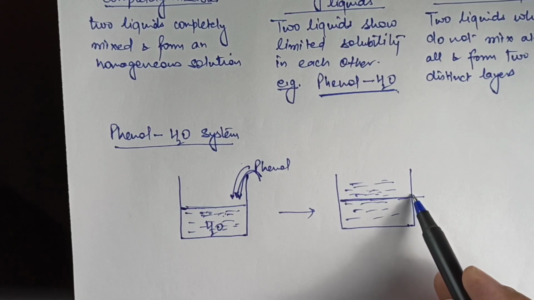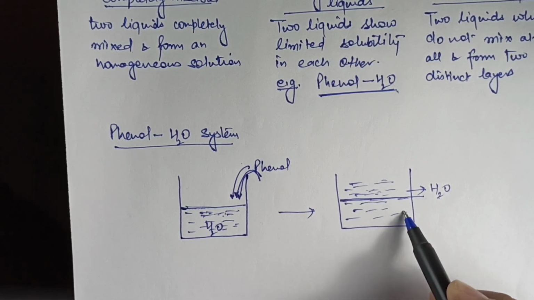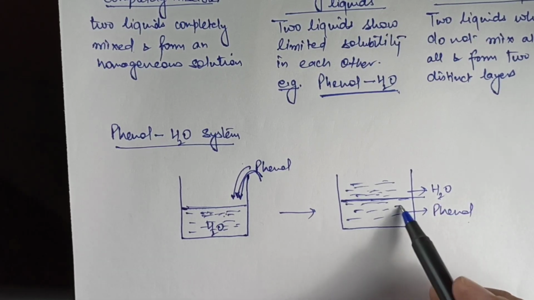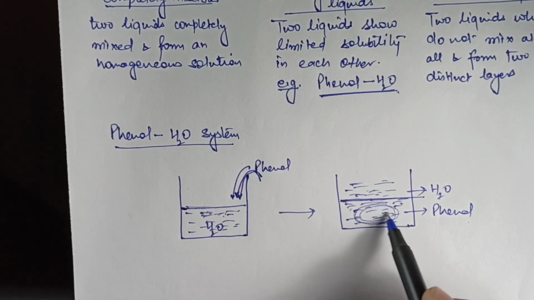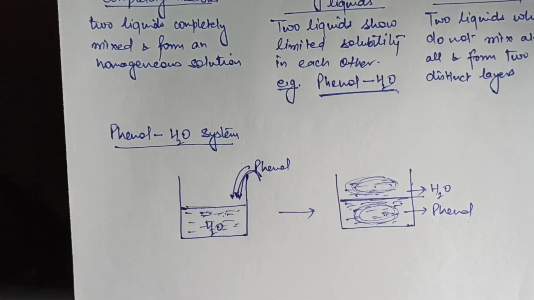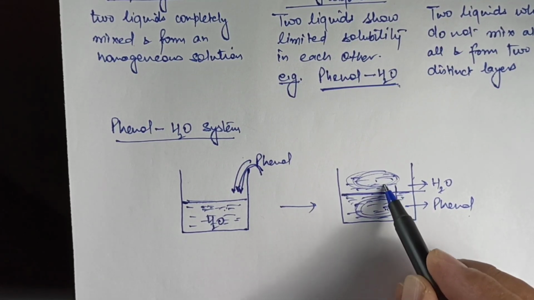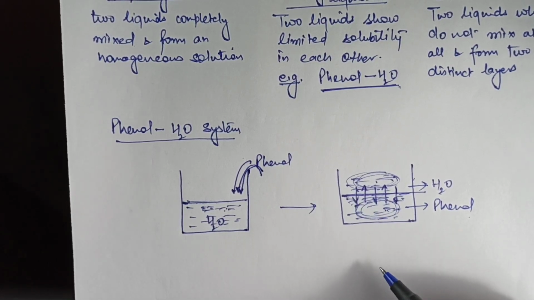Okay, so the upper layer will be water and the lower layer will be phenol, and this lower layer will be saturated with water and the upper layer will be saturated with phenol. Okay, and a stage is reached when both layers are in equilibrium.